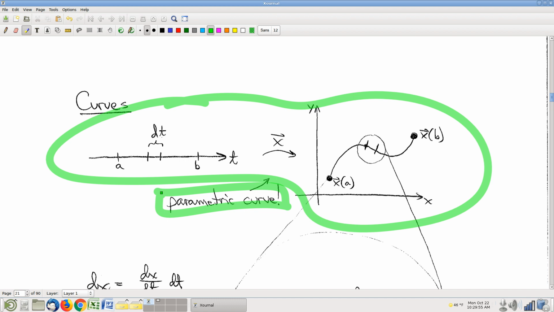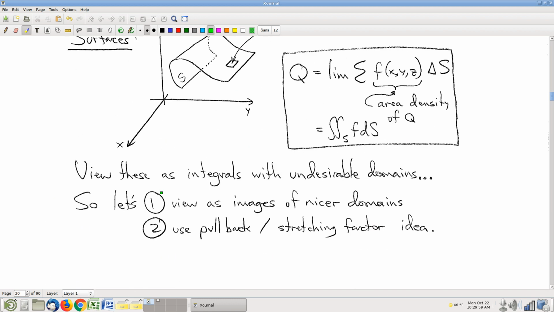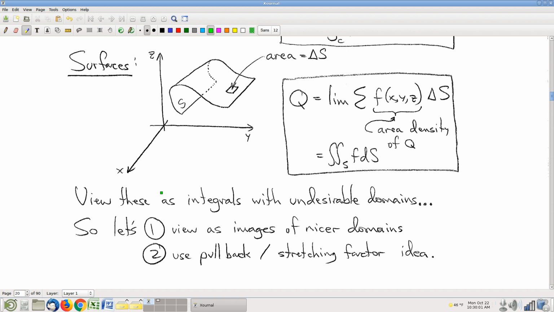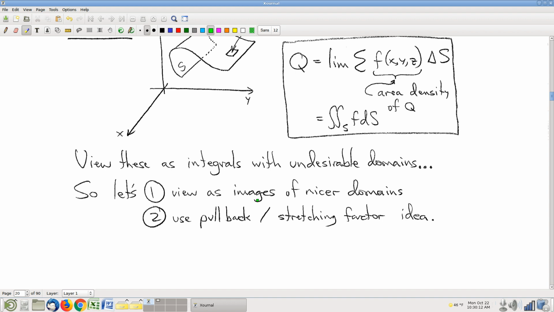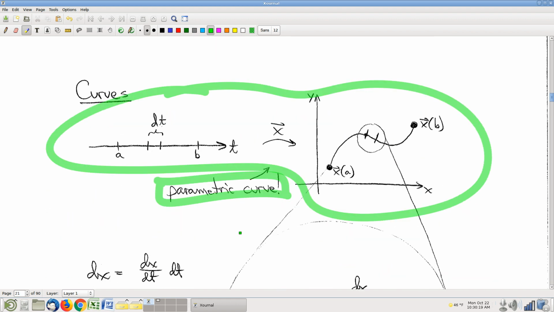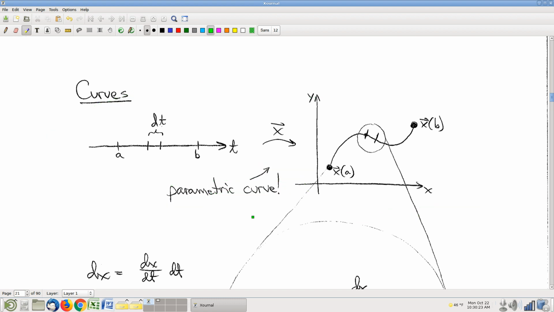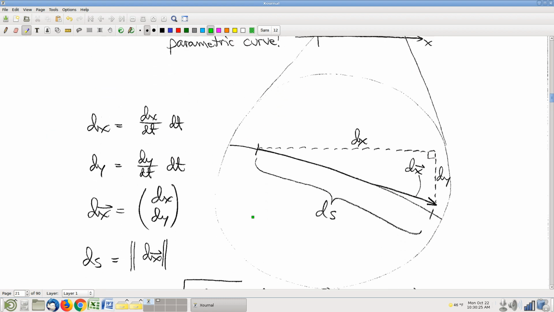So part of the tool that I need to do this, this aggressive idea of, let's try to compute an integral over a curve dimensionally out of place in two dimensions by pulling back after having viewed it as an image. That's kind of an aggressive idea, and the big tool is already there. Okay. Parametric curve. So, in fact, some of the algebraic development that we need is already there.